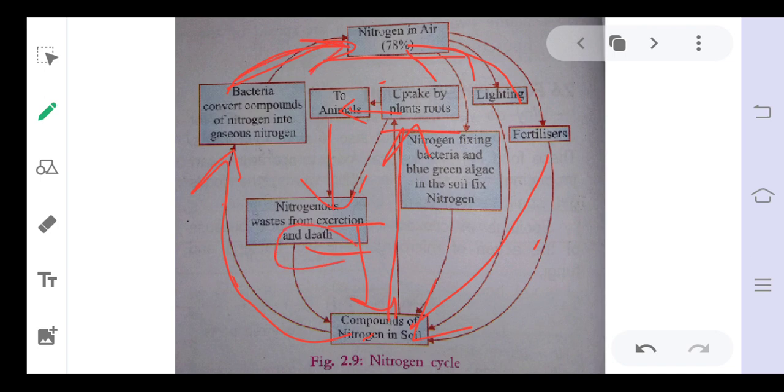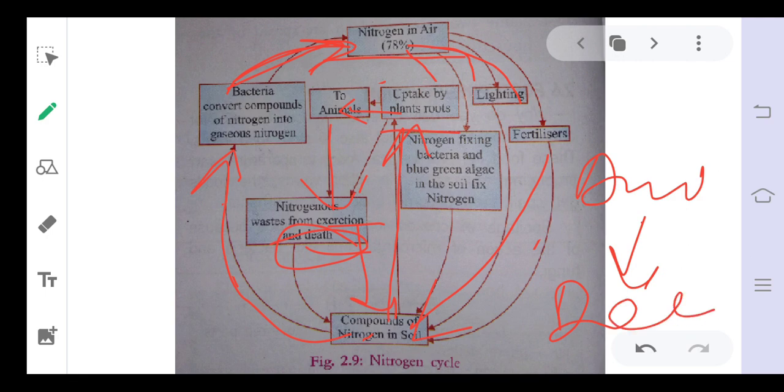Or, after the death of animals and plants, they are decomposed by decomposers, and after decomposition the nitrogen is again released into the soil in the form of compounds. From the soil it is converted into free nitrogen and goes back into the air. So you can see many ways.